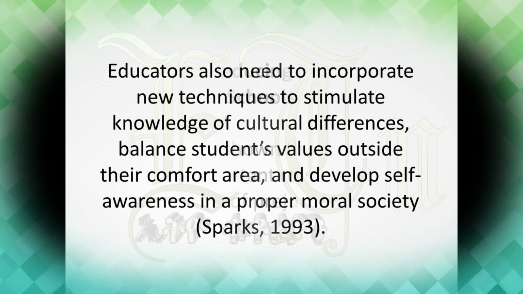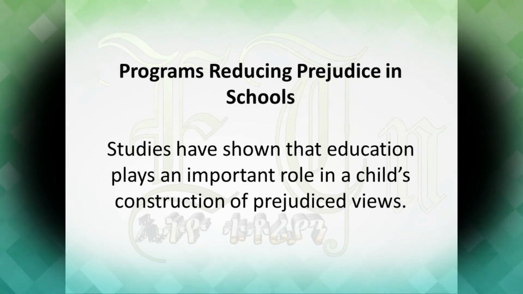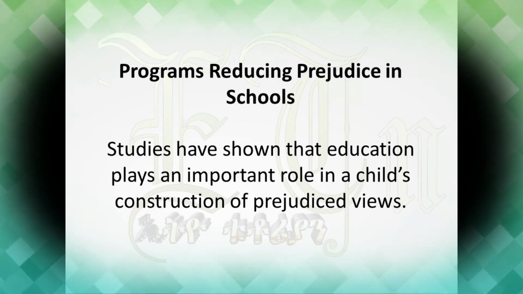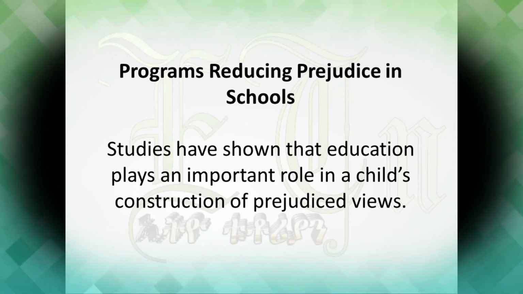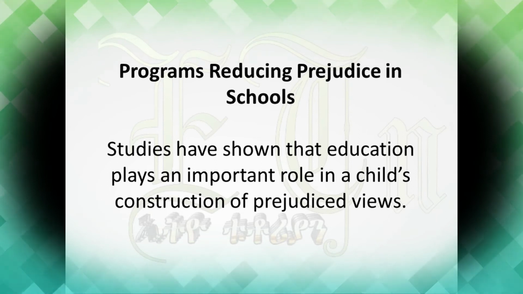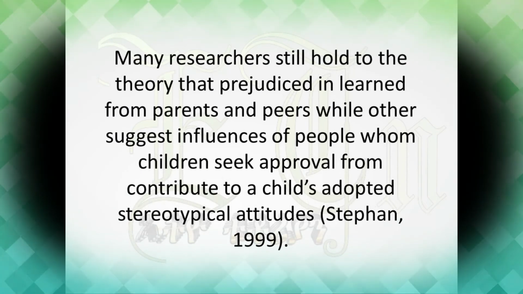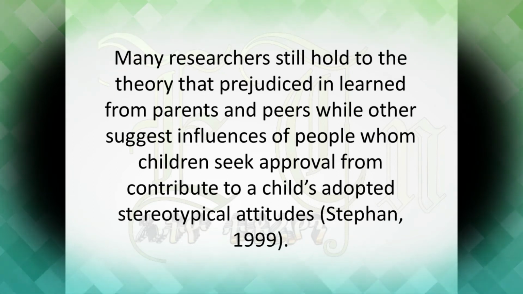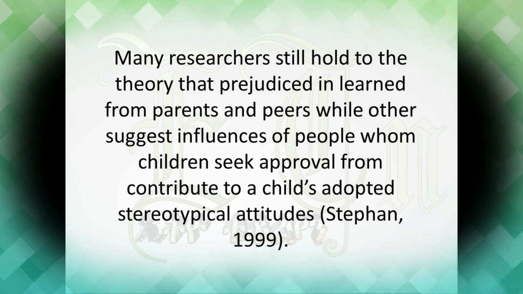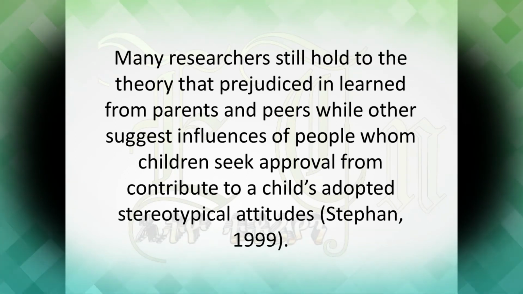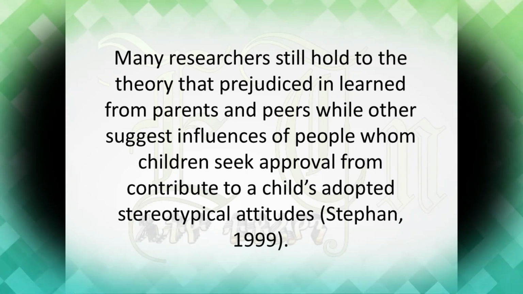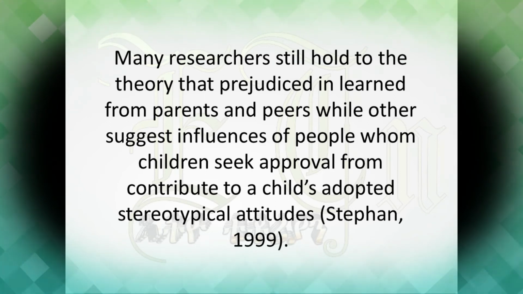Sparks, 1993. Programs reducing prejudice in schools. Studies have shown that education plays an important role in a child's construction of prejudiced views. Many researchers still hold to the theory that prejudice is learned from parents and peers, while others suggest that people whom children seek approval from contribute to a child's adopted stereotypical attitudes.